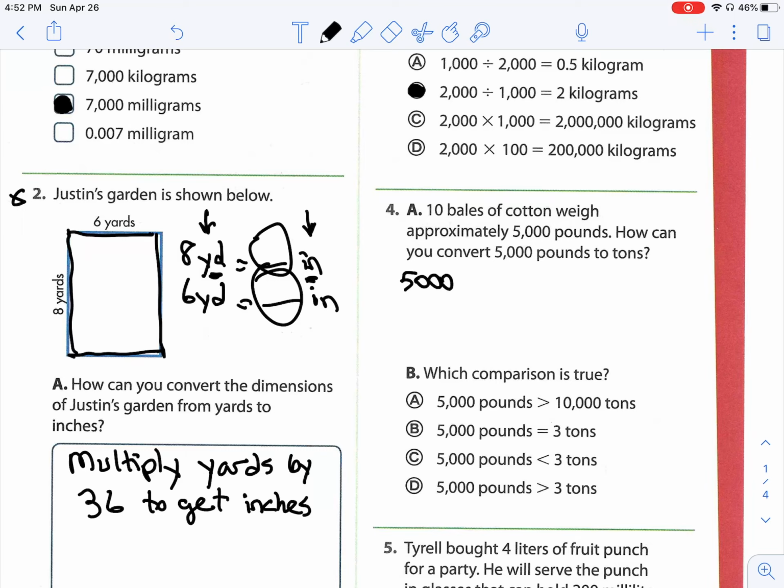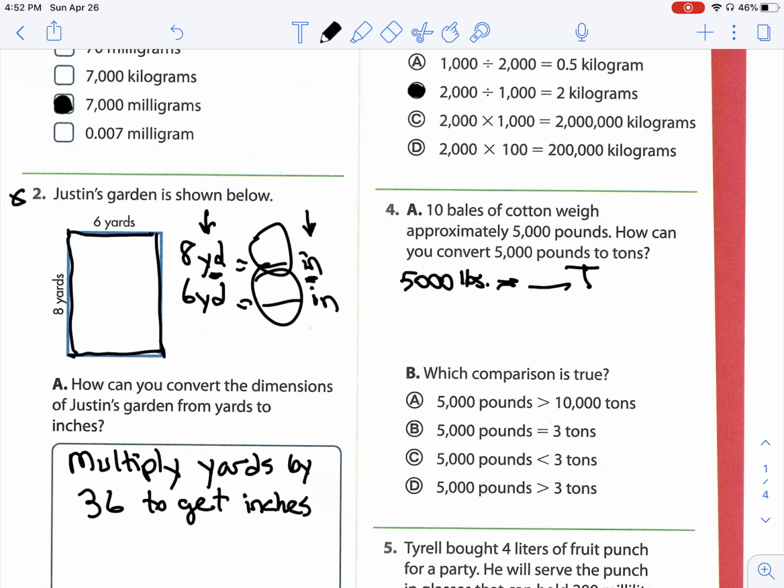The abbreviation for pounds is LBS. I don't know why such weird letters to abbreviate pounds, but that's what it is. And we're changing it to ton. The ton abbreviation is a capital T.